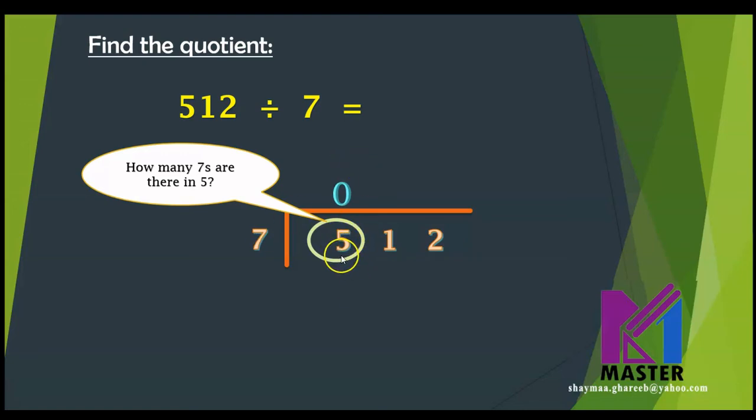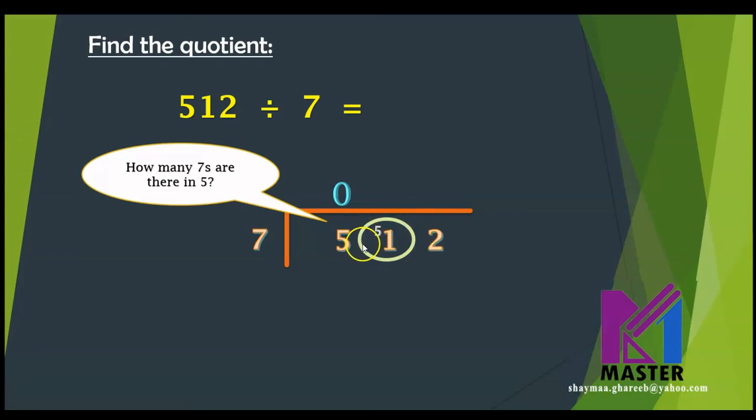But the 5 still as it is, I didn't take any 7s from it yet. So it will be my remainder. So I will put it on the right side here before the 1. Then I will move to the next step and the next digit, which is 1, and it has a remainder of 5 written here up to it.